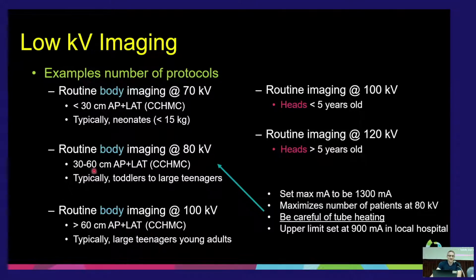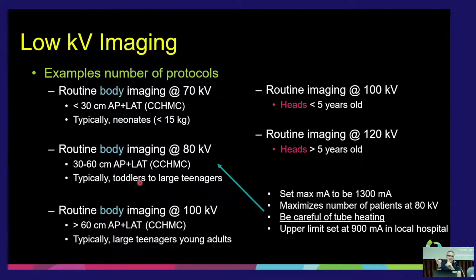I set 60 centimeters because if you go much higher than that, say 65 or even 70, a screen will pop up in front of the technologist and the system will say, I cannot image this patient according to the noise index you have chosen with only 1300 mA. The system just literally says, I can't do this.